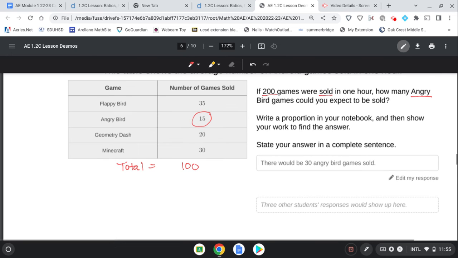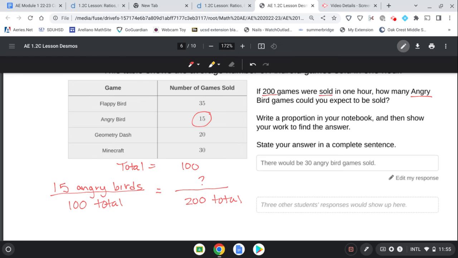So we're going to set up a proportion saying that 15 are Angry Birds to a total of 100. But what if instead of 100 we sold 200 games? How many of those would be Angry Birds?